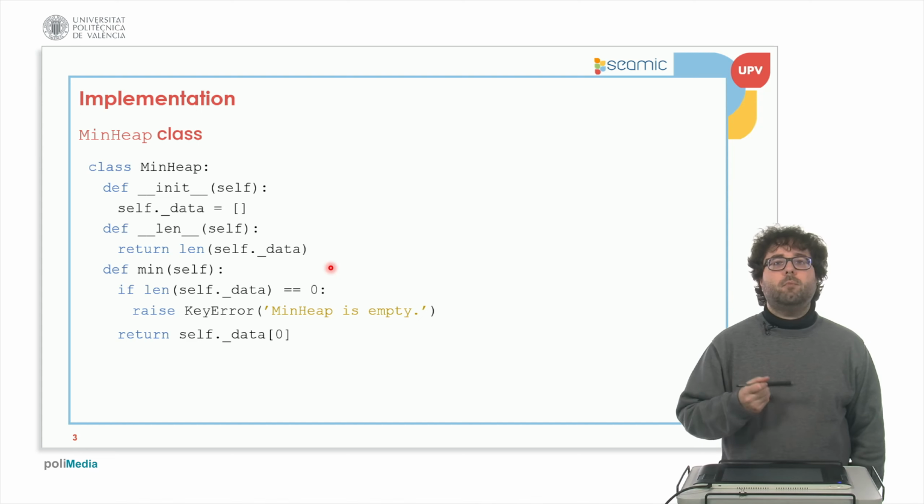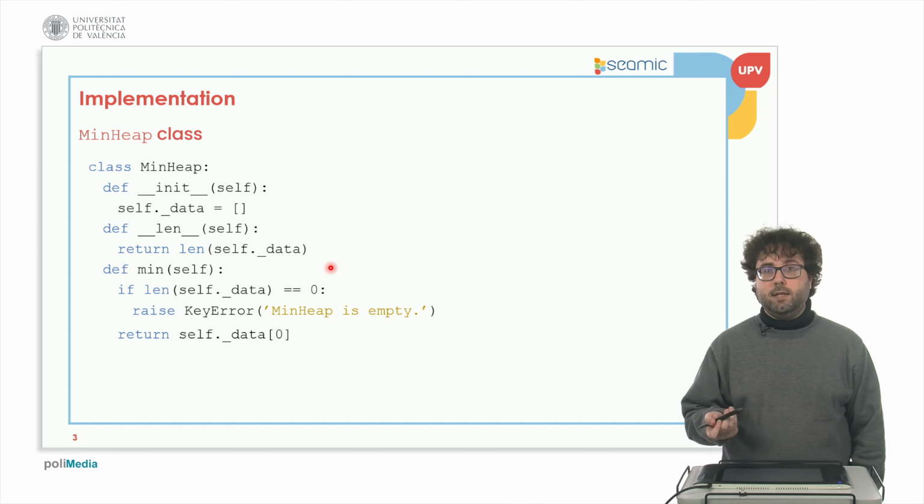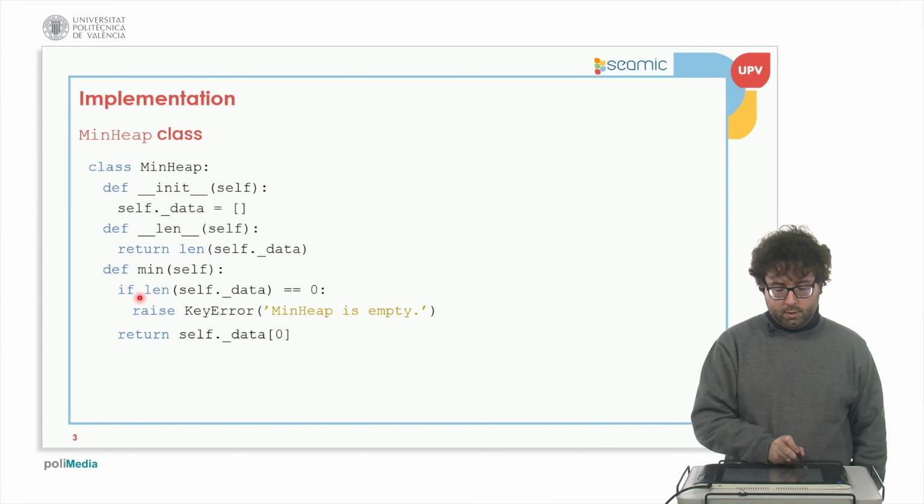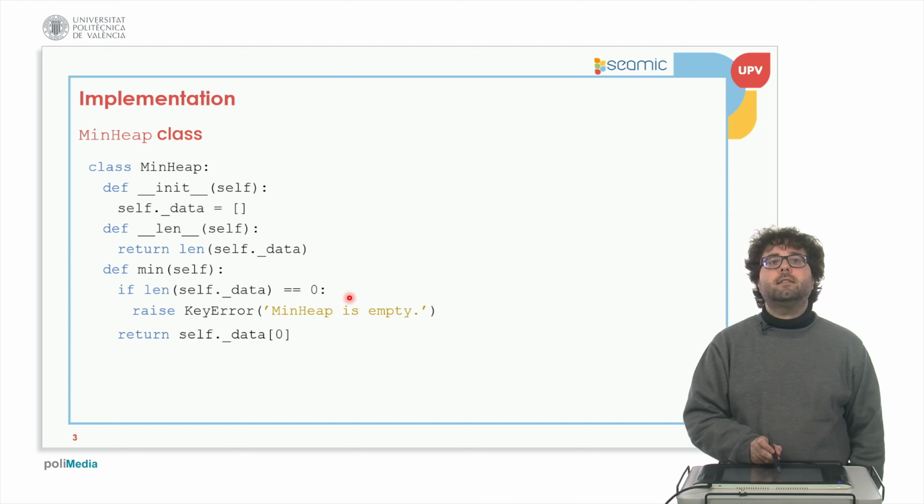Computing the minimum value is also easy because it's always the first position of the list, and the only thing we need to check is that the list contains a value. Otherwise, we will raise an error indicating that the min heap is empty.